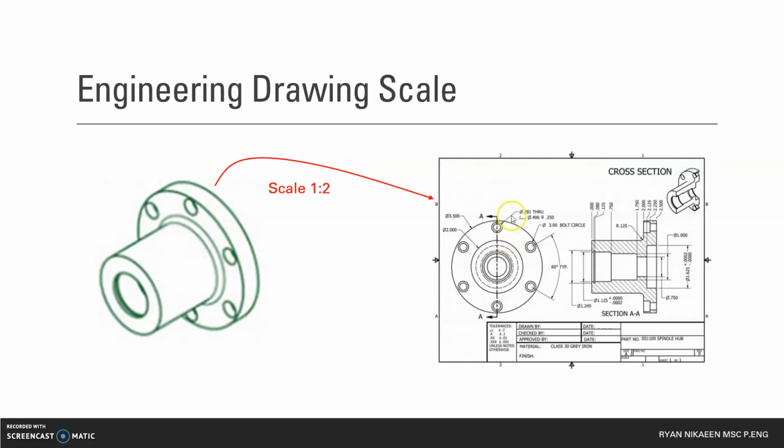And what about the other way, from here to here? If I have the drawing here, and I have a scale and I measure this diameter, if I multiply it by 2, which is the inverse of this one, I'm going to get the actual size.